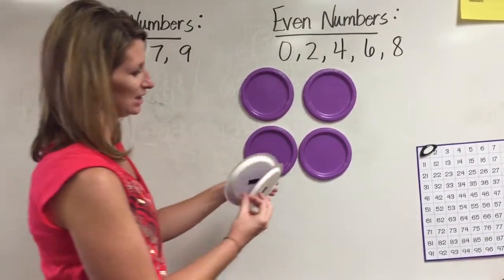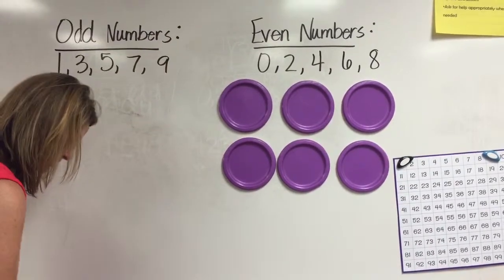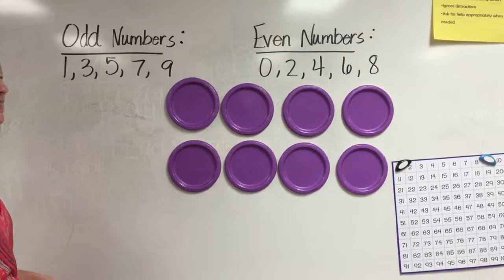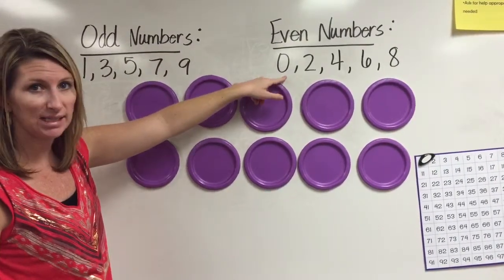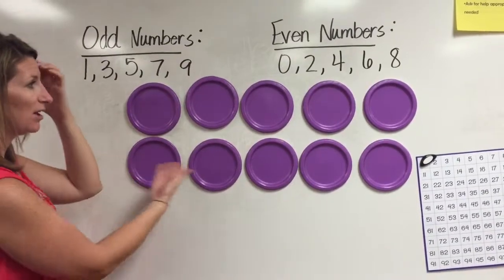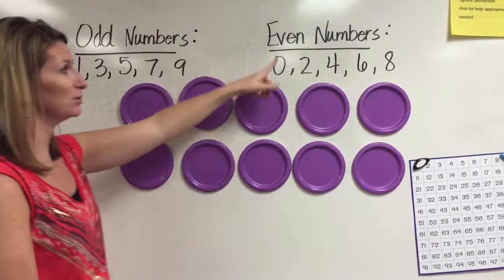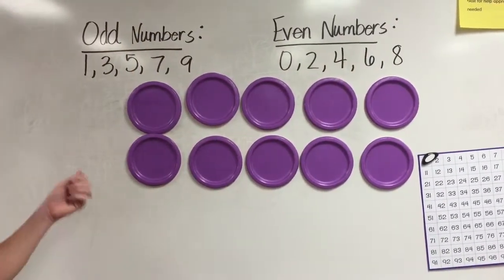Same with 6. And 8. And what if I go to 10? Because the number 10 ends in a 0 or has a 0 in the ones place, so that also makes it an even number. So if you skip count by 2's, 2, 4, 6, 8, 10, every number that you say is going to be an even number.